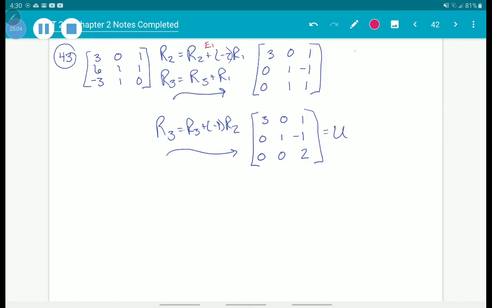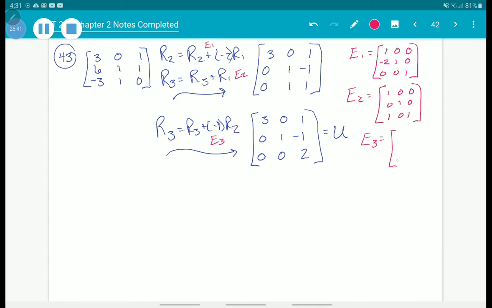So E1, our first elementary matrix, is this. E2 is this. And then E3 is that.